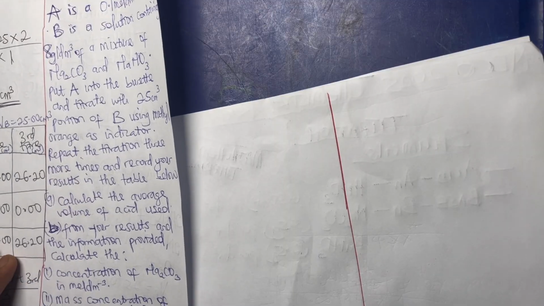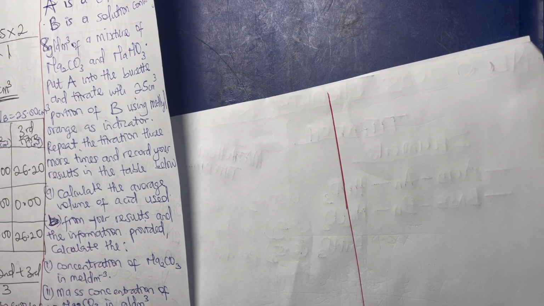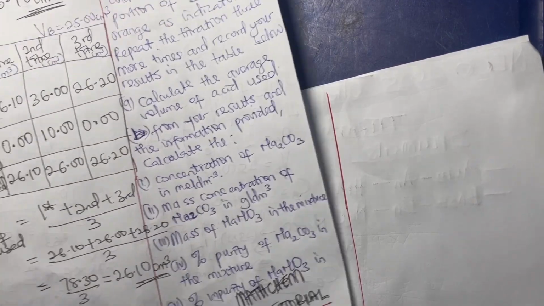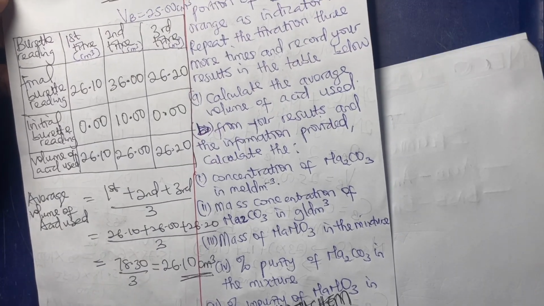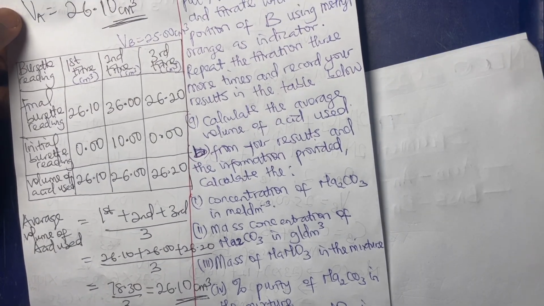So now let's go to the main question. Question A says that we should calculate the average volume of acid used, whereby we have done that here. I've done that in my Part A, which is 26.10 cm cube.